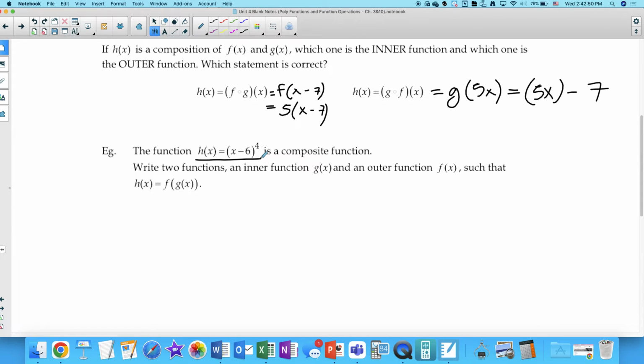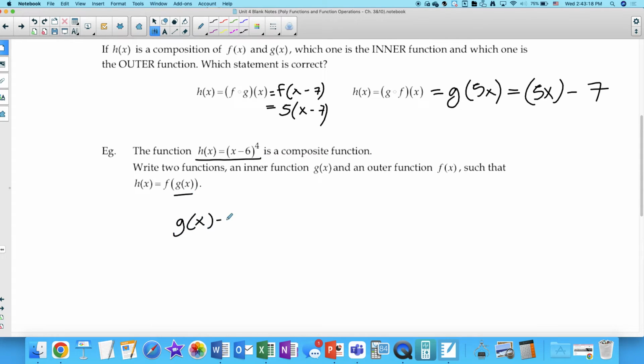Okay. So I'm not sure if you guys heard that, but the only thing that I would do personally is I tend to look for the inner part first. What am I inserting into something else? And it looks like I'm taking this expression x minus 6 and raising it to the power 4. So if that x minus 6 was my inner function, if g of x equals x minus 6, what am I doing to that?